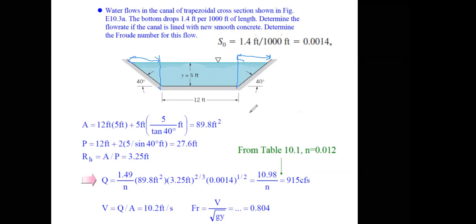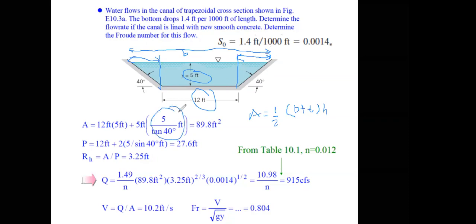The area of the trapezium is equal to half, the base plus the top, multiplied by the height. The height is y in this case, 5 feet. The base is 12, and the top is equal to the base plus this part here, and we can get that from the relations over here.